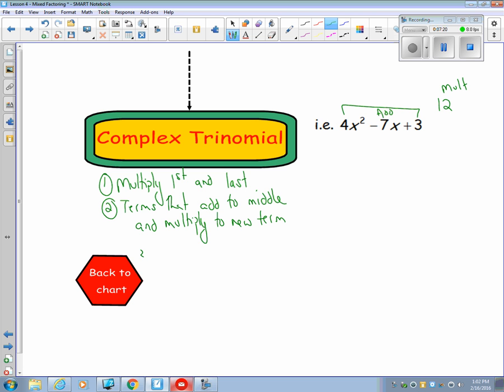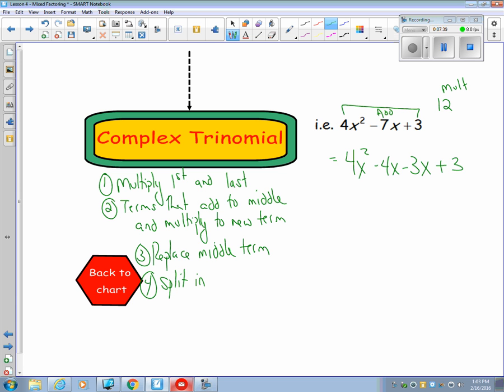Okay, step 3, replace middle term. So we just said a second ago, the numbers would be -4 and -3. Okay, so replace the middle term with those things. Step 4, split in half and common factor.